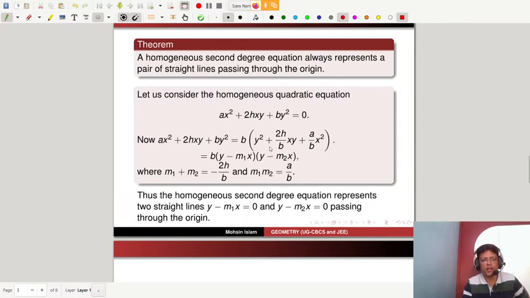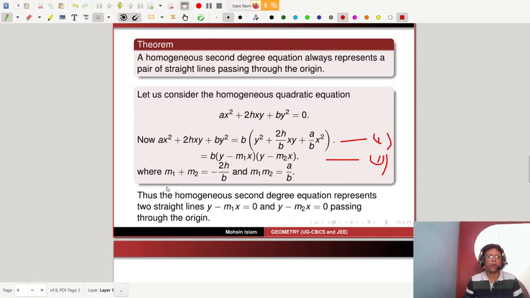So if you take b, this can be written like this, and comparing these two, you can check that m1 plus m2 equals minus 2h by b, and m1 m2 is a by b. So m1 plus m2 is minus 2h by b, the sum of the roots, and the product m1 m2 is a by b.